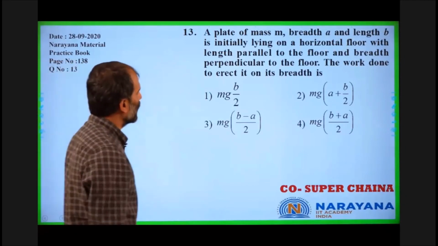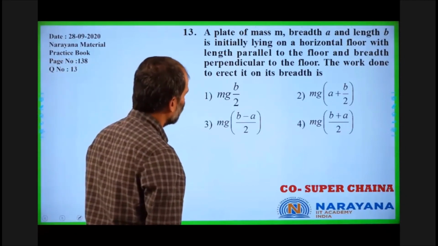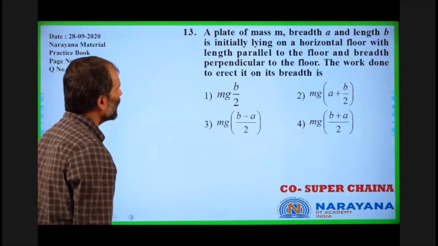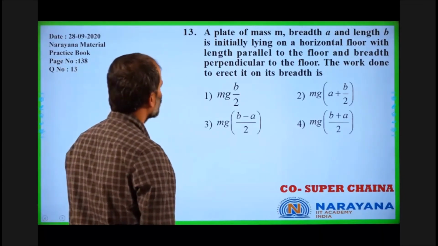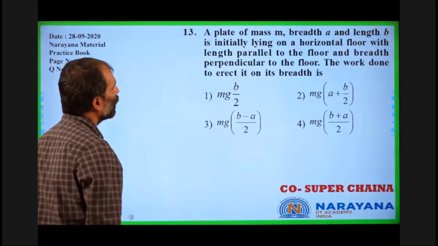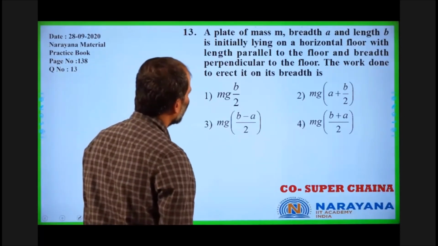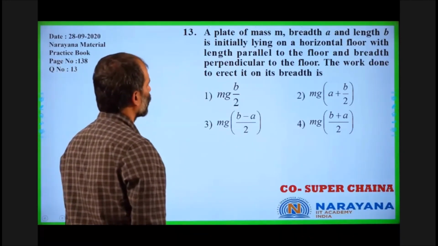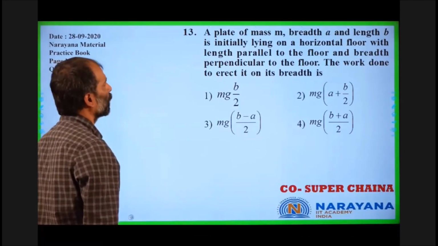Moving on to our next slide. A plate of mass m, breadth A and length B is initially lying on a horizontal floor, with length parallel to the floor, breadth perpendicular to the floor.